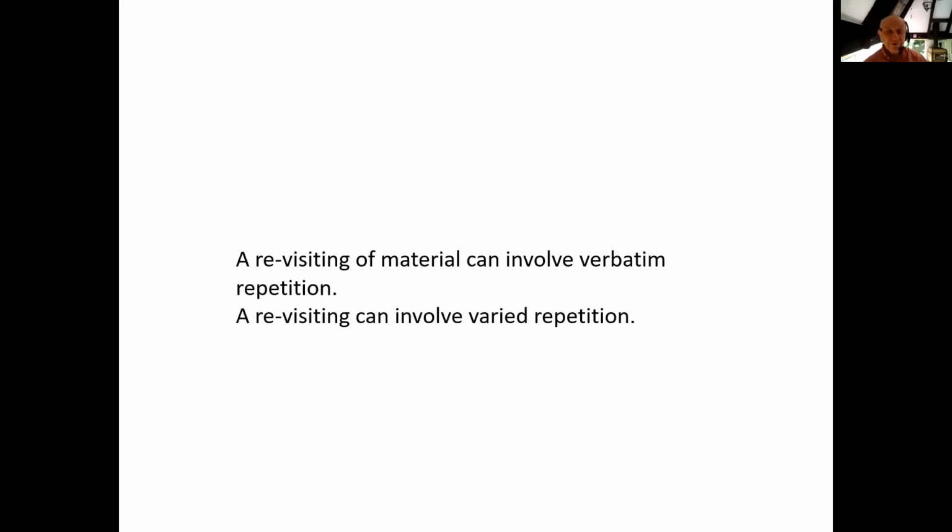As I mentioned before, revisiting material can involve verbatim repetition, that is repetition in exactly the same form in which the original meeting occurred. And revisiting can involve varied repetition, that is, meeting the same material under different conditions.